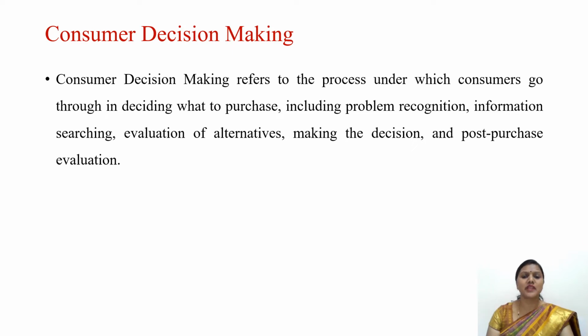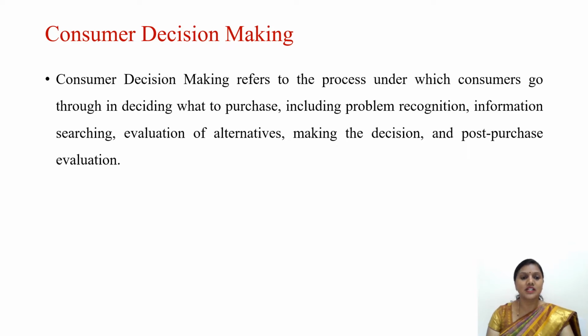Consumer decision making refers to the process consumers go through in deciding what to purchase, including problem recognition. So he will identify his needs, what he has to purchase, and decide the priority of the needs based on the problems he recognizes in his life.